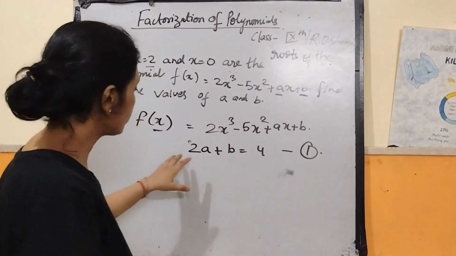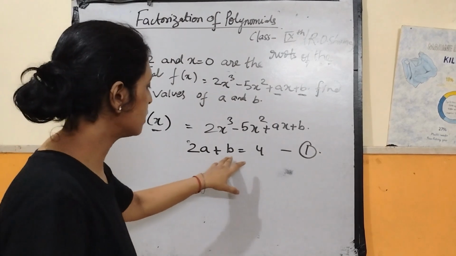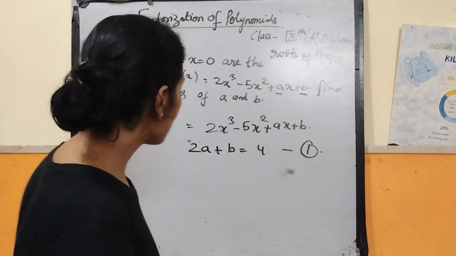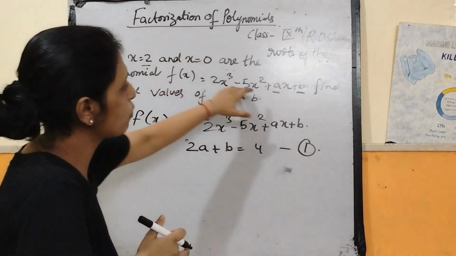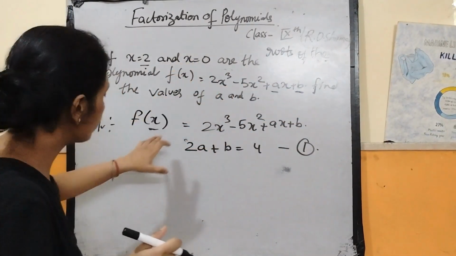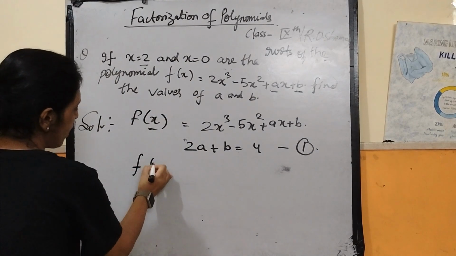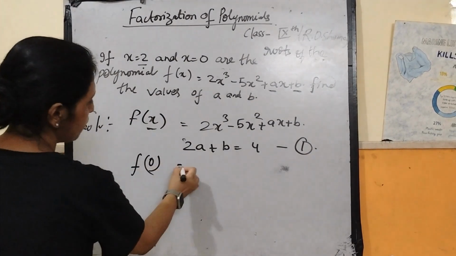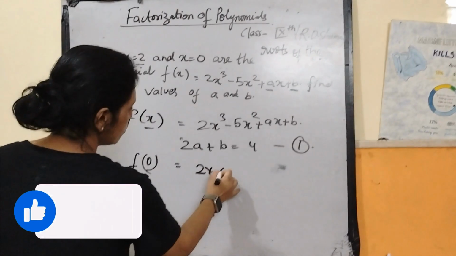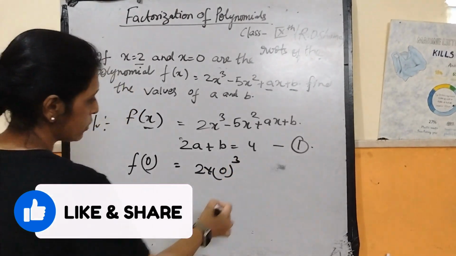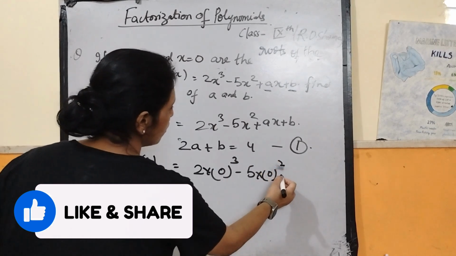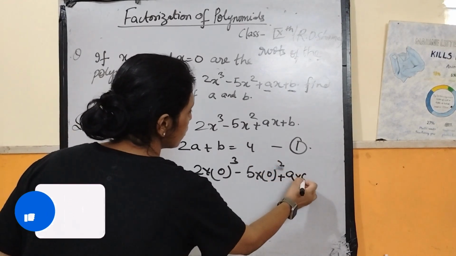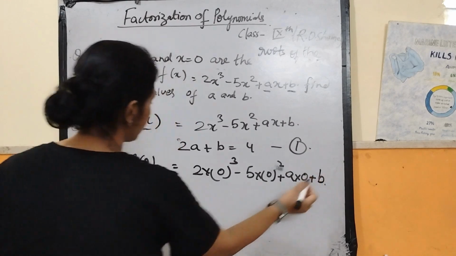So the first equation we got is 2a plus b is equal to 4. Okay? Now the second value of x, that is the second root of this polynomial, is 0. Now we are going to put the value of x as 0. So it will be 2 into 0 cubed minus 5 into the square of 0 plus a into 0 plus b.